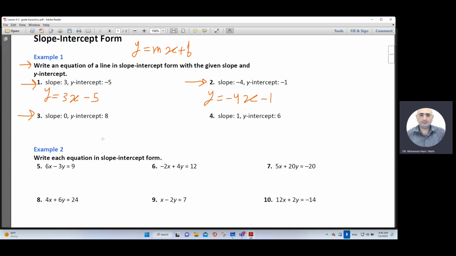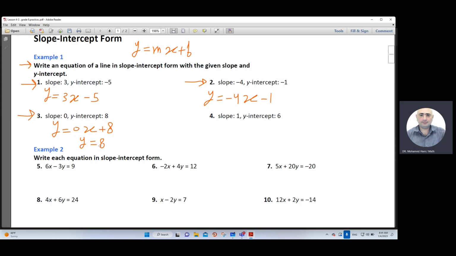y equals 0x plus 8. Plus 8 means y equals 8. What is the name of this form? Constant function. And in this form, the line will be parallel with the x-axis or with the y-axis? Parallel with the x-axis.